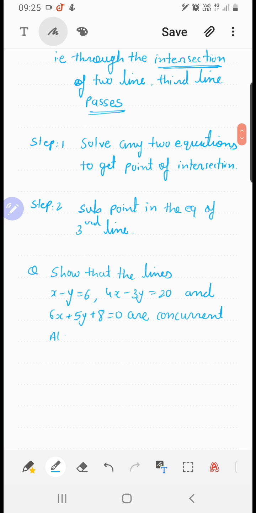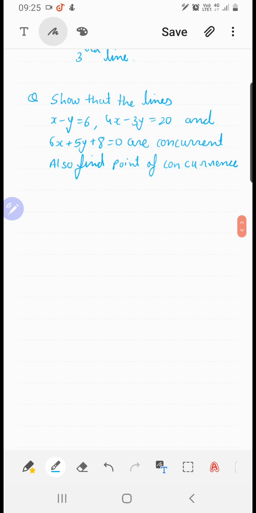Also find the point of concurrency. Okay, so as you see here, the keyword is concurrent.